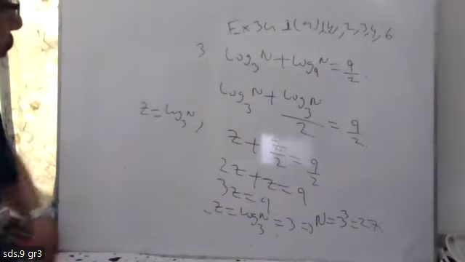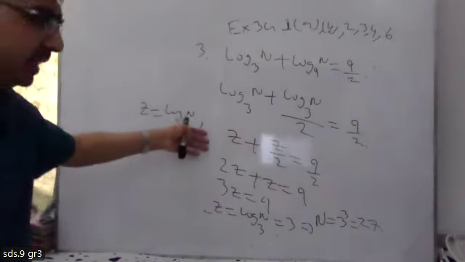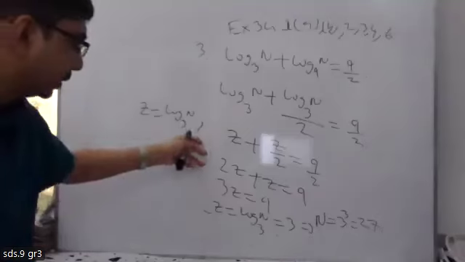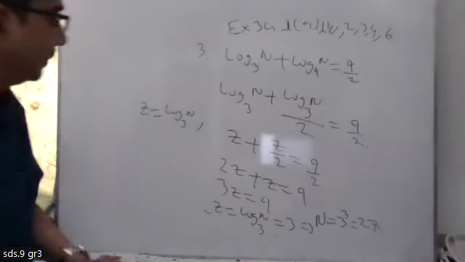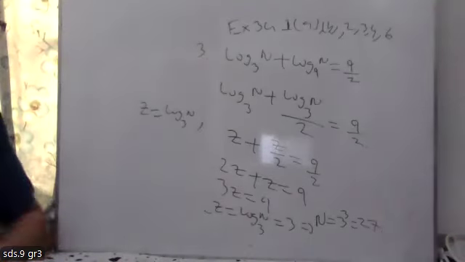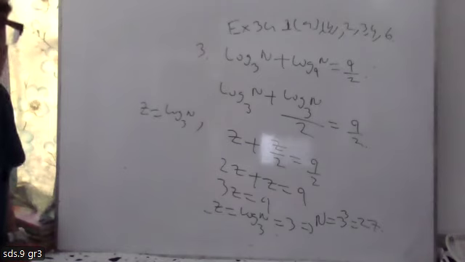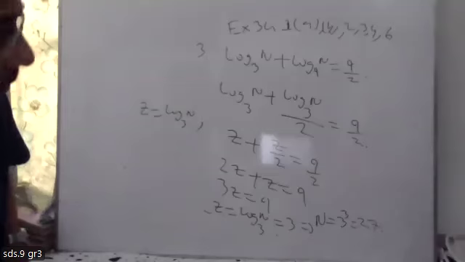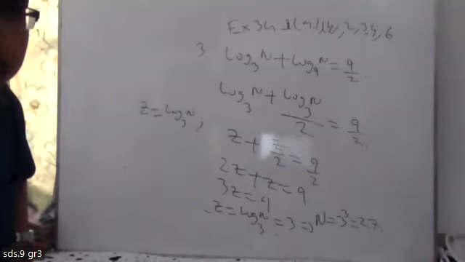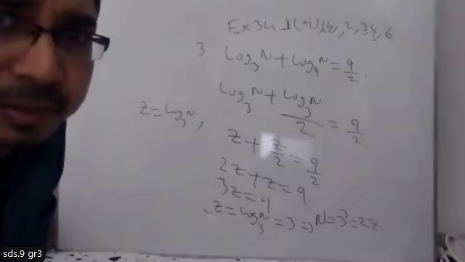So I multiply both sides by 2. Basically, I get the value of z, a simple linear equation. So z, that is log n base 3, is equal to 3. So n is equal to 3 cube, which is 27. Yes. Any confusion? Mahir, is it fully clear? Saharan, is it clear?